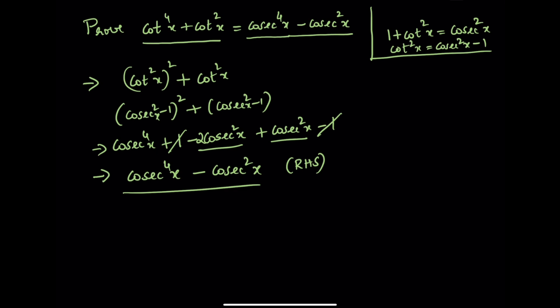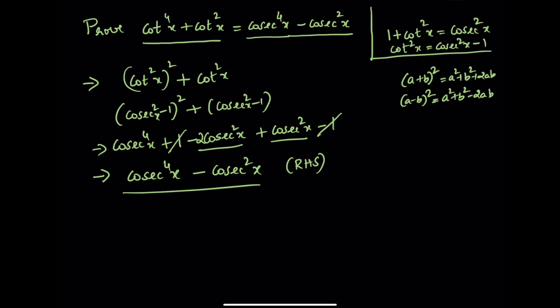So please keep in mind, we just have to use the trigonometric identities and a few algebraic equations, where mainly we use (a plus b) the whole square is equal to a square plus b square plus 2ab, or (a minus b) the whole square is equal to a square plus b square minus 2ab.